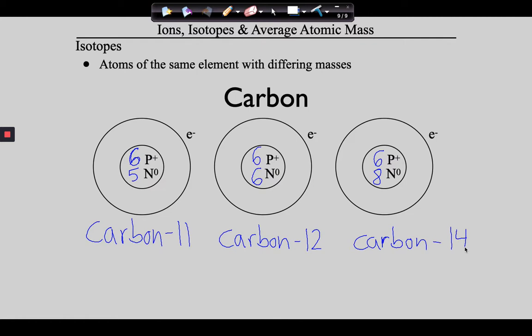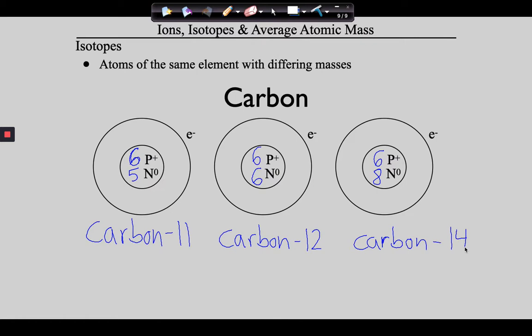So guys, this is then the trick. If we take all the atoms of carbon that are inside of our pencil, here's what we'd find out. Some of these atoms weigh 11, some of these atoms weigh 12, and some of these atoms weigh 14. Now guys, with that said, here's then the $10,000 question. Where does the number in red come from? So the number in red is like 12.0, is it 11?